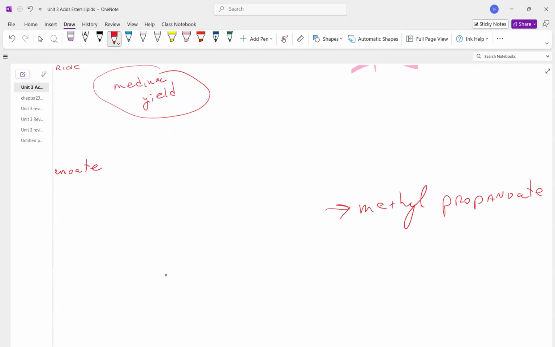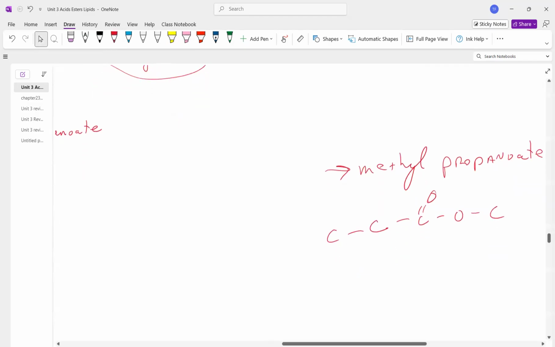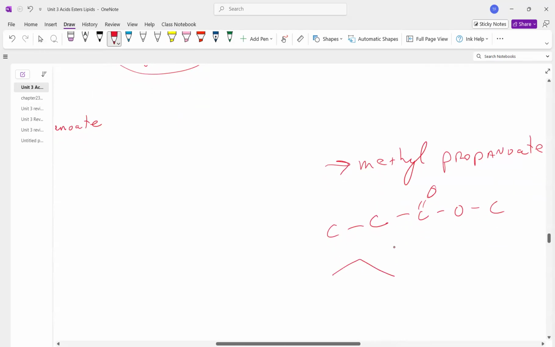Okay, if we wanted to make methyl propanoate, how will we do that? Well, what's this primary backbone? Draw the structure here. That's methyl propanoate. Okay. So, backbone, boom, 3 carbons.